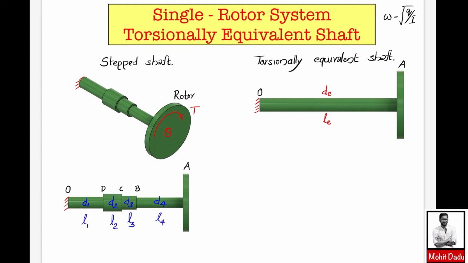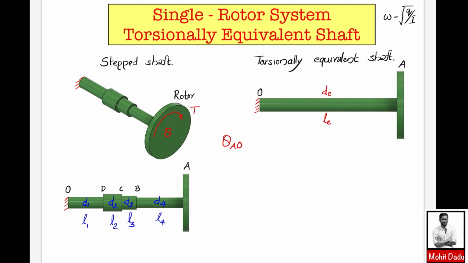If I name this end as A and the fixed end as O, then the angular deformation at the free end, theta of A with respect to O, is the total angular deformation. This angular deformation should be the same in both the stepped shaft as well as the torsionally equivalent shaft. That means the effects are the same, and in such a way we convert this stepped shaft into a torsionally equivalent shaft.